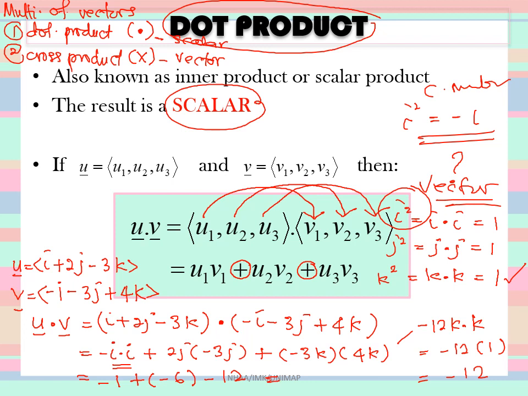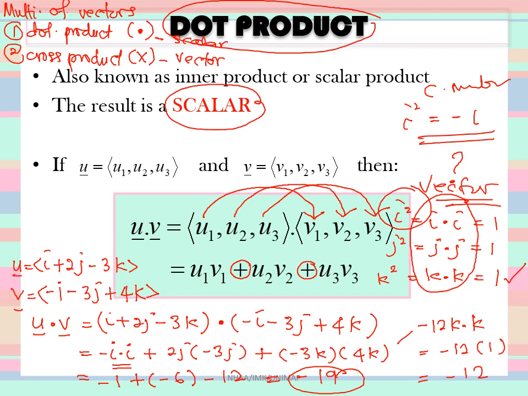So that's why the answer is a magnitude, or just a scalar. Minus 1 minus 6 minus 12, that is minus 19. This is the explanation why when we do a dot product, we just get a scalar. That's why when we perform the dot product, we don't even write the i, j, k terms.